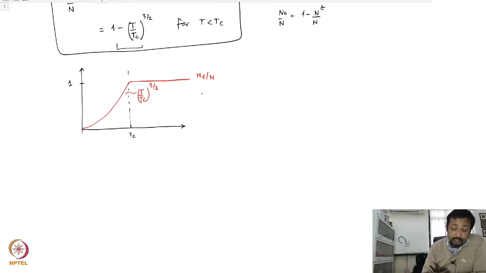For temperatures higher than Tc, the occupation in the ground state energy level is 0, and as you start going below the critical temperature, the occupation in the ground state starts to increase, going as 1 minus T over Tc raised to the power 3 by 2, so that you have the plot which looks something like this. So this is 1 minus T over Tc raised to the power 3/2.